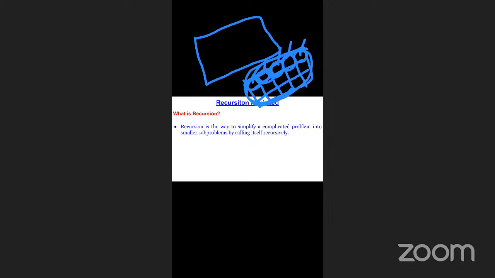Here I have given the definition. See the definition: recursion is the way to simplify complicated problems into smaller subproblems by calling itself recursively.